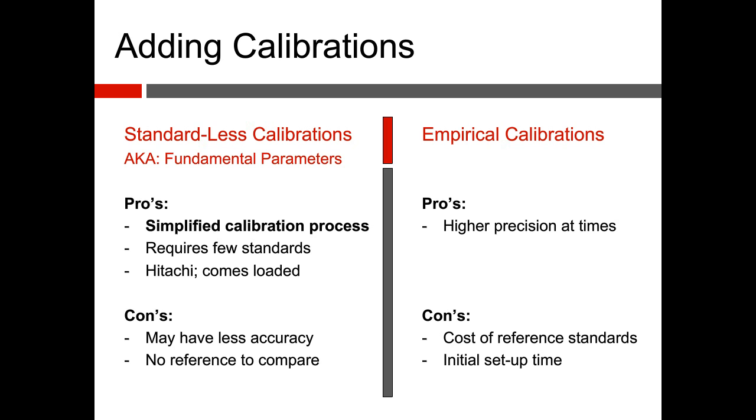So because of that, organizations started looking to standardless calibration capabilities, also known as fundamental parameters, or FP. And this removes the need for so many reference standards, simplifies the calibration process.